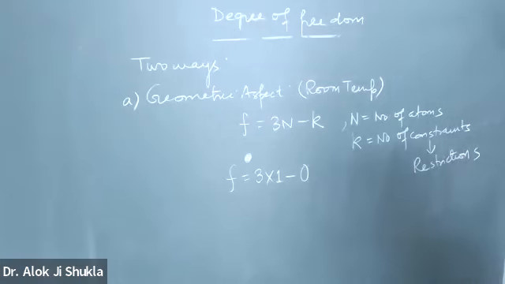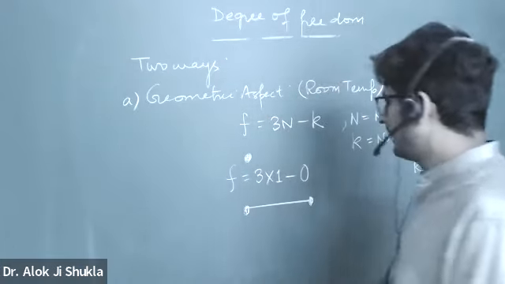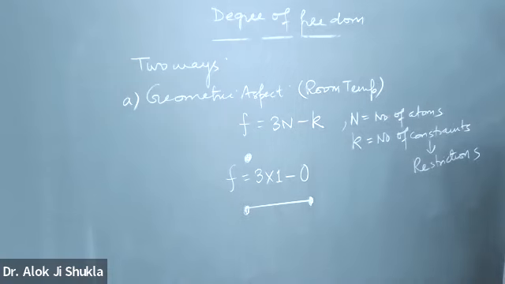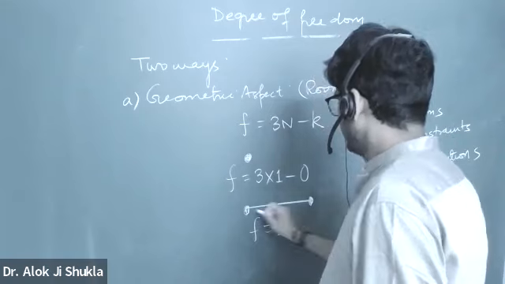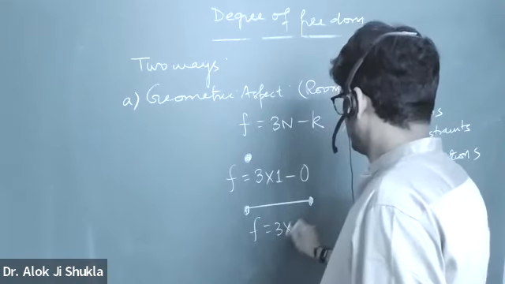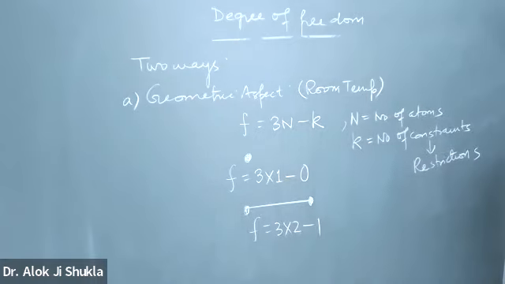And if you have, say, 2, this is diatomic. So F is 3 into 2 minus 1 because there is one constraint equation.